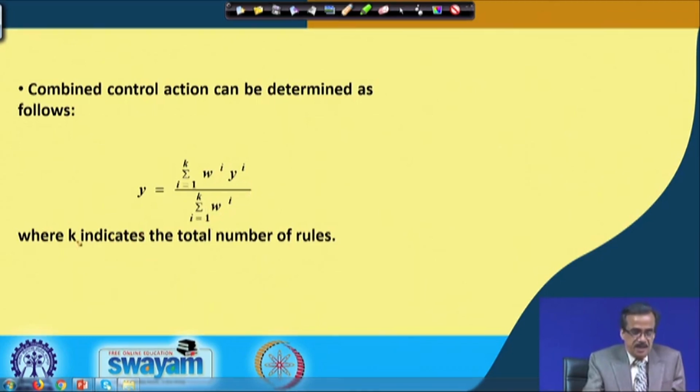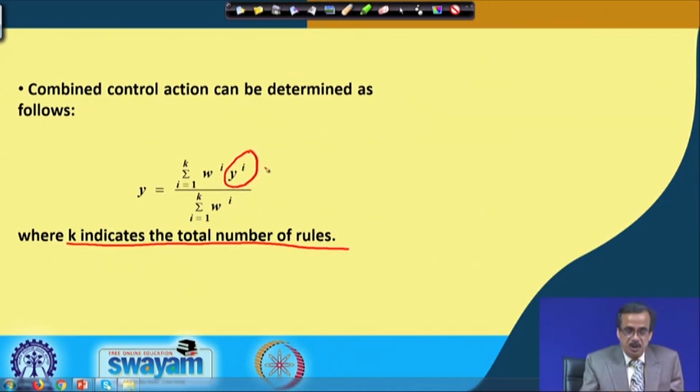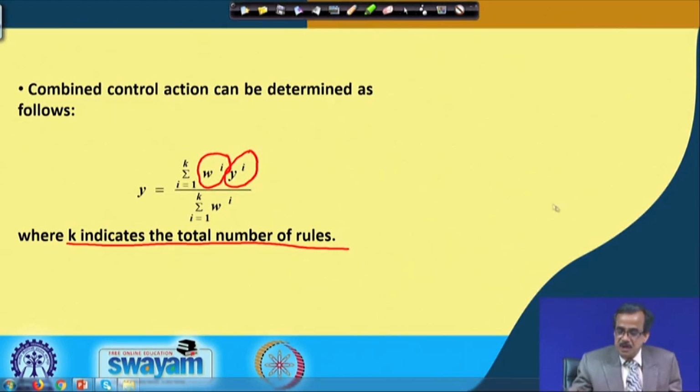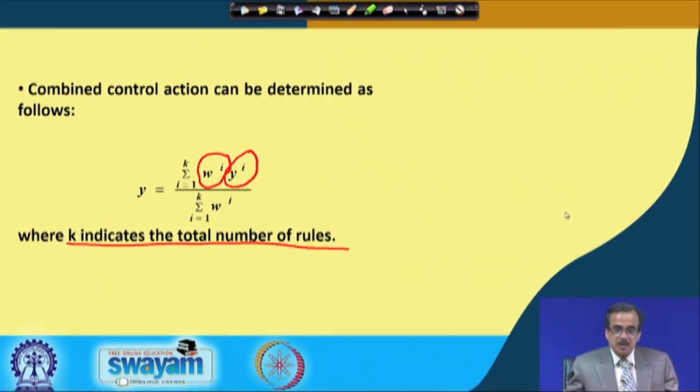Here k indicates the number of fired rules, and yi is nothing but the output corresponding to the ith rule, and wi is nothing but the weight.